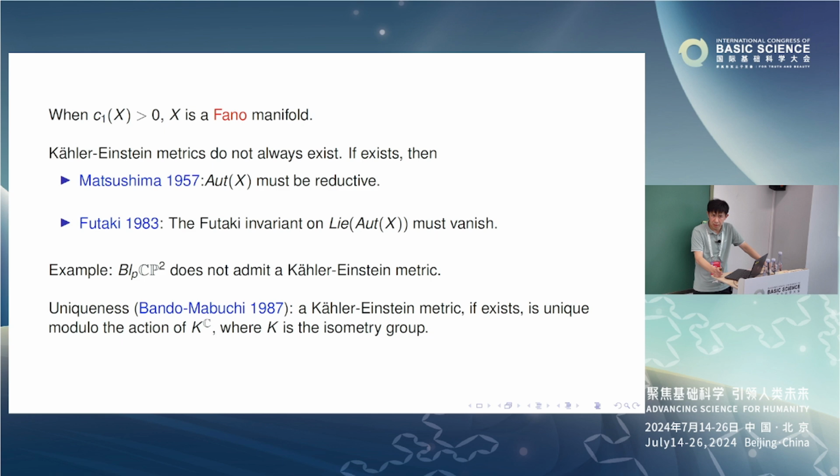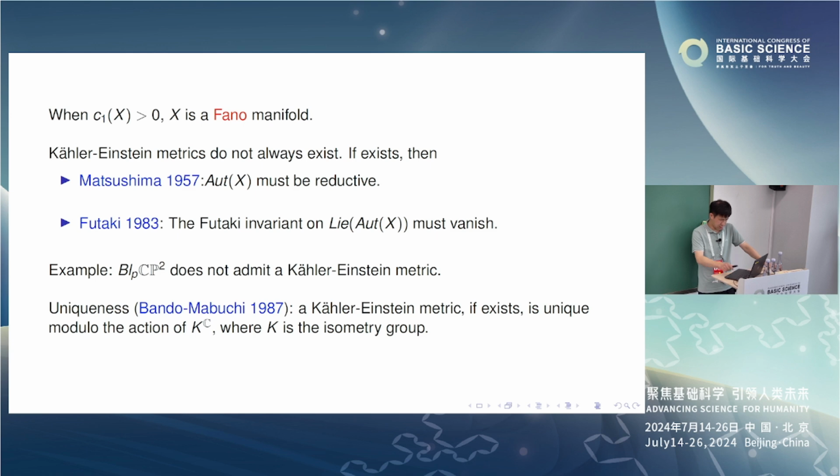So this is the... if you work on the Lie algebra level, this is essentially a Bochner formula, the Bochner type formula. And then in 1983, it was discovered by Professor Futaki that there is a Lie algebra caricature.